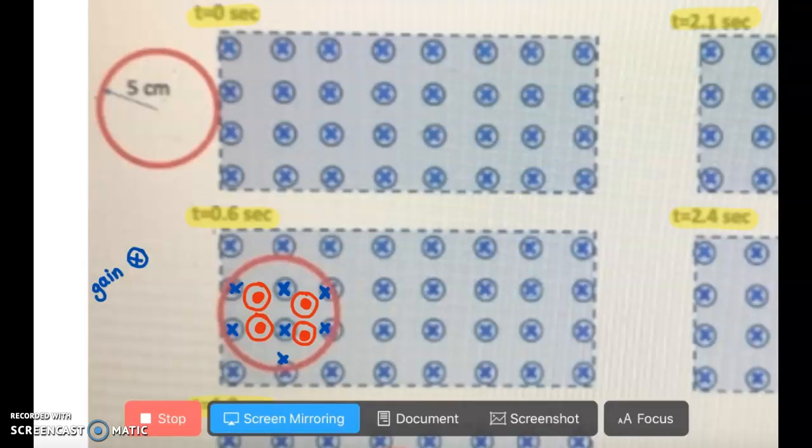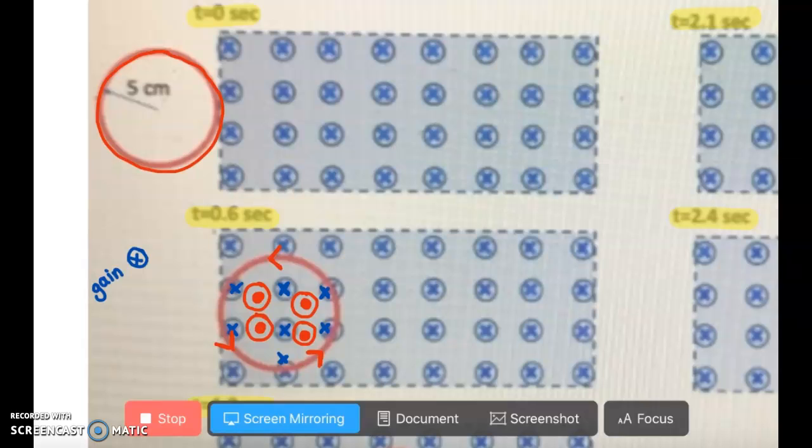So I'm going to scoop with my hand. I'm scooping into the page on the outside of the loop, coming up and out of the page on the inside of the loop. And I see that my thumb is going to be pointing with a current in this direction. So again, to recap this story, I started here where I didn't feel anything. I was just outside the magnetic field. And my loop transitioned into a magnetic field, which means it felt a gain in downwardsness.